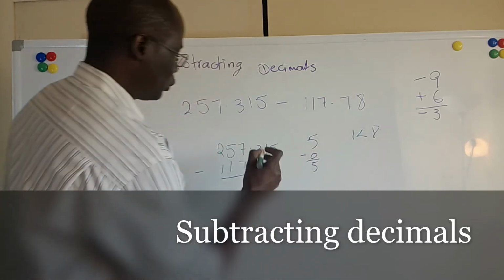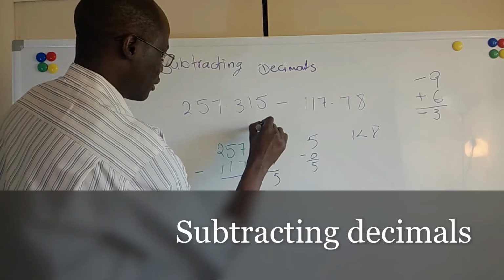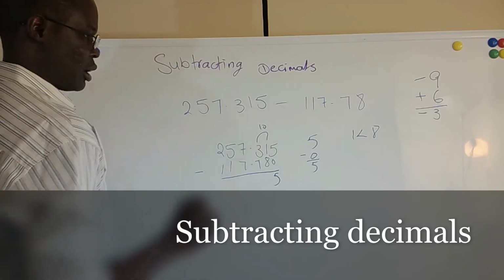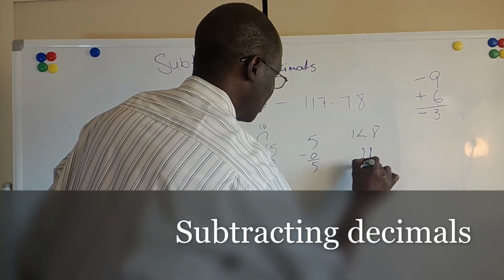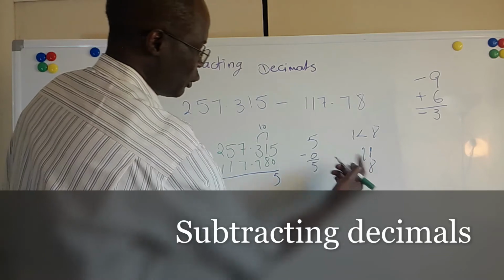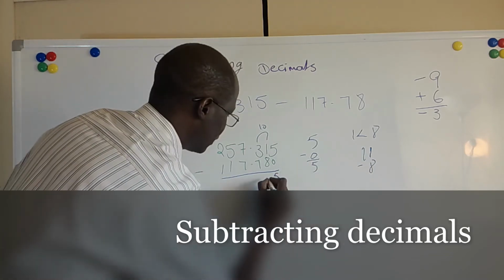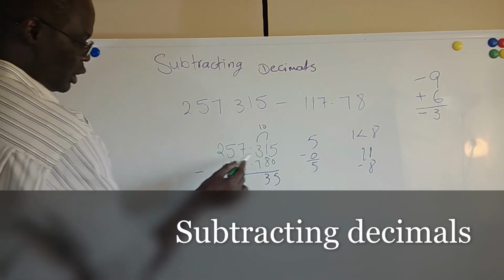What we're going to do is borrow a number here, which is 10. We will end up with 11 minus 8, which is on the bottom here, and you can see it's going to be 3. You still have 2.